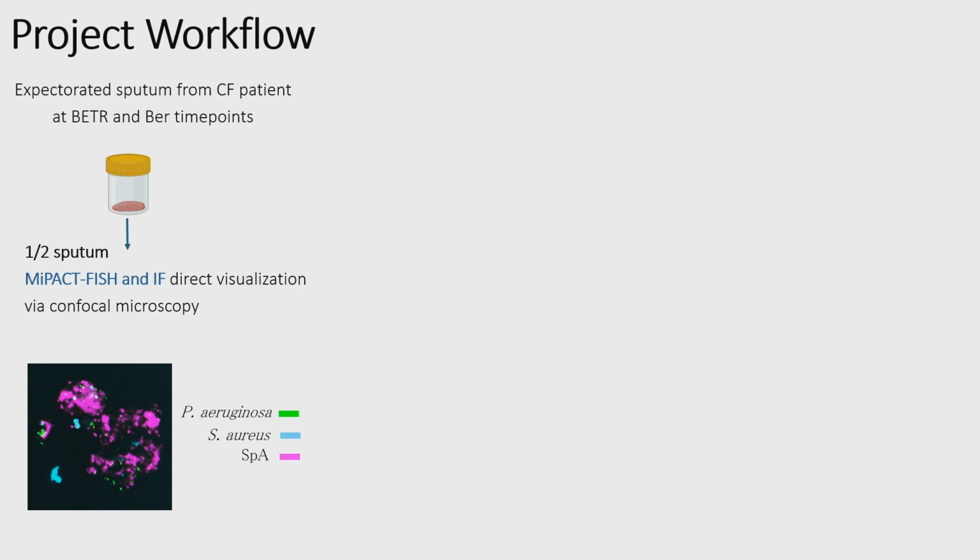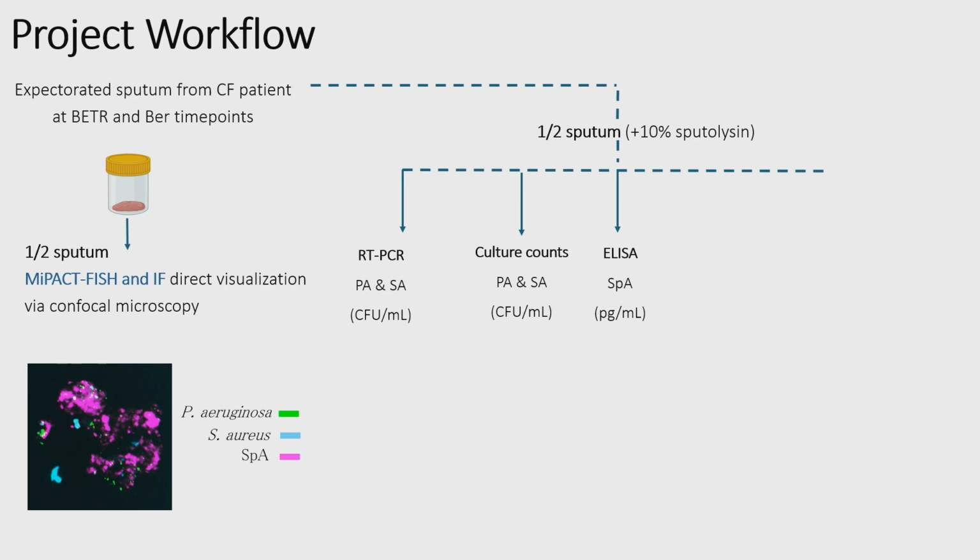So in terms of the project workflow, I'm looking specifically using MiPACT, but I just wanted to add that every time we get a sputum sample, a split portion of it goes towards other analyses. So we do real-time PCR to determine PA and SA concentration. We do CFU counts. We also measure the concentrations of SPA within the sputum.